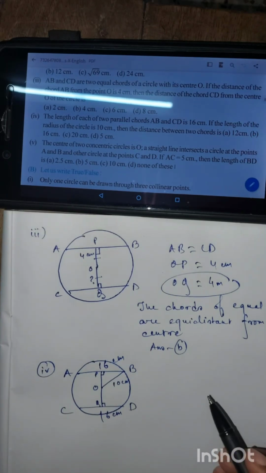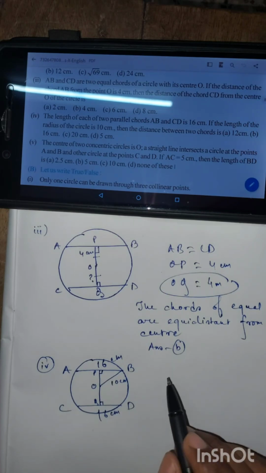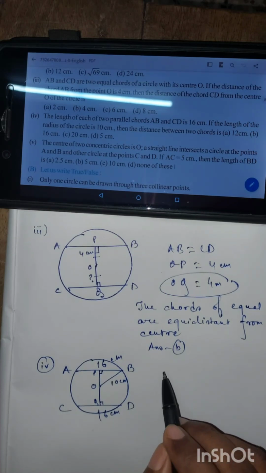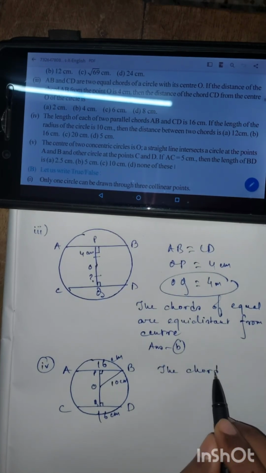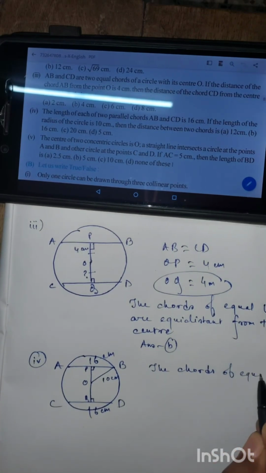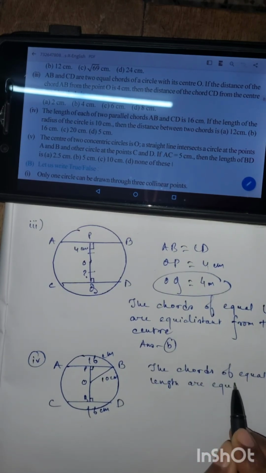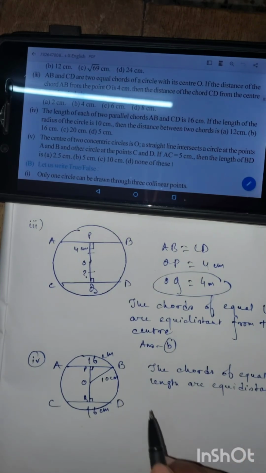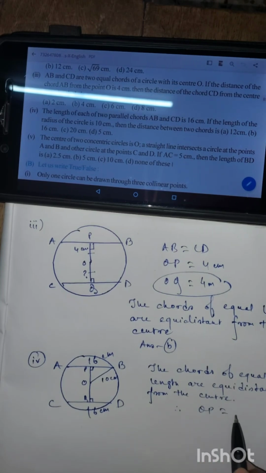So let us first say the chords of equal length are equidistant from the center. Therefore OP must be equal to OQ.